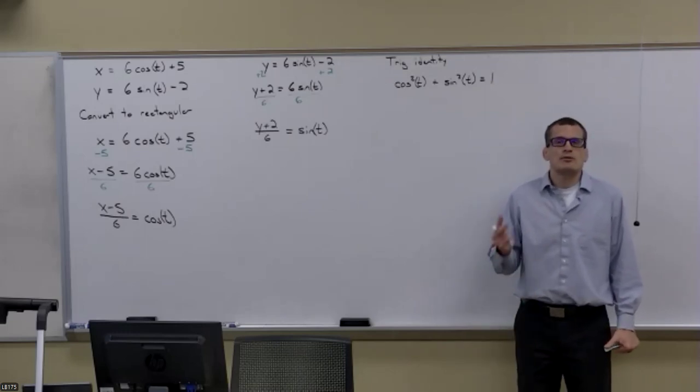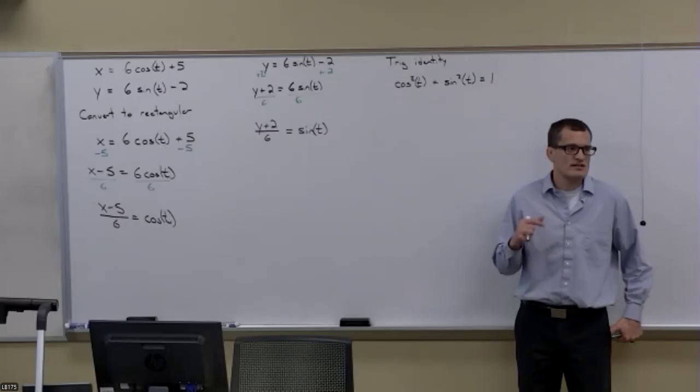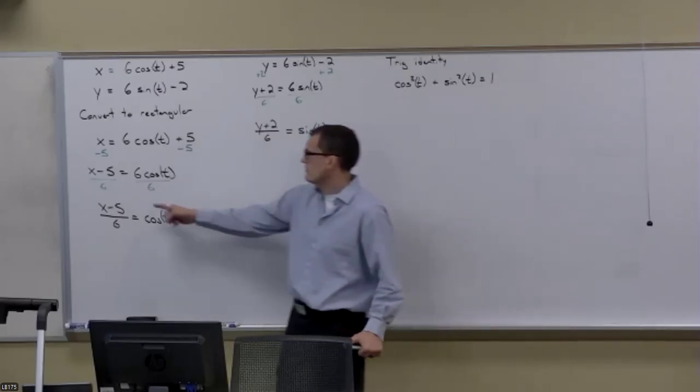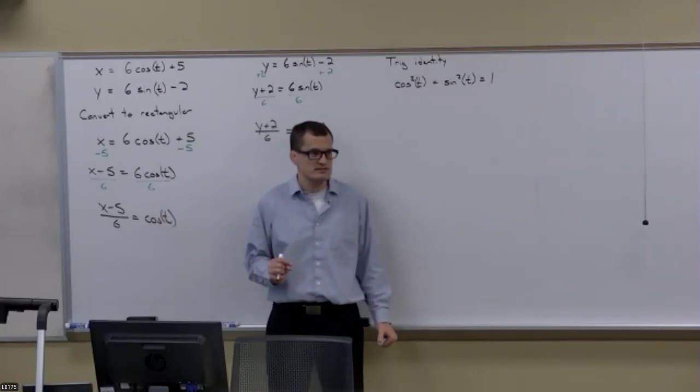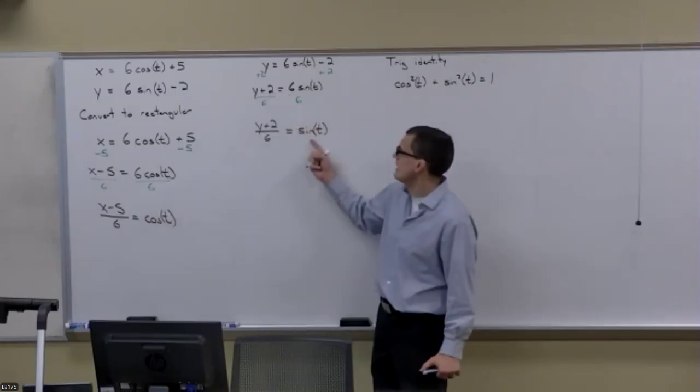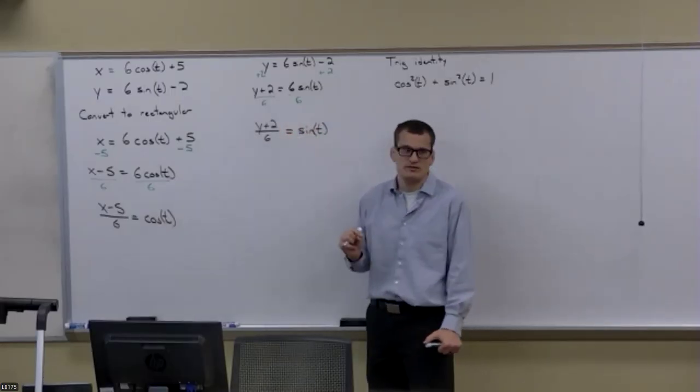So I will replace the cosine of t with x minus 5 over 6, and I will replace the sine of t with y plus 2 over 6.